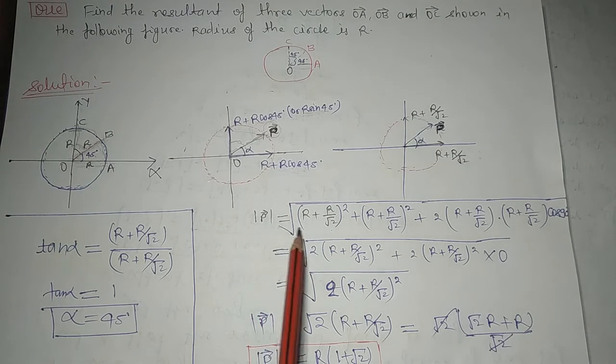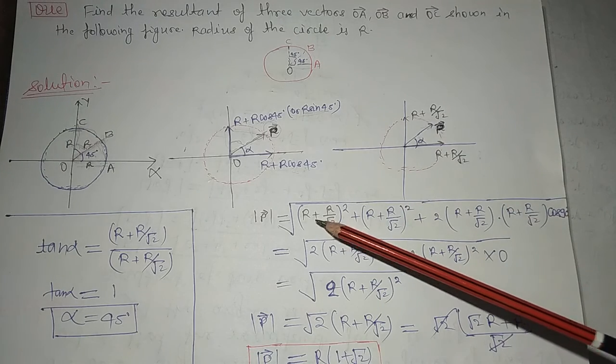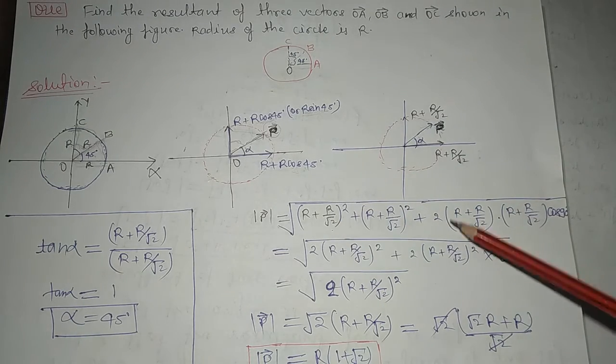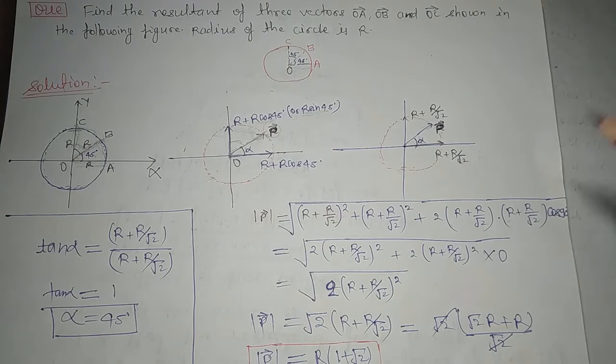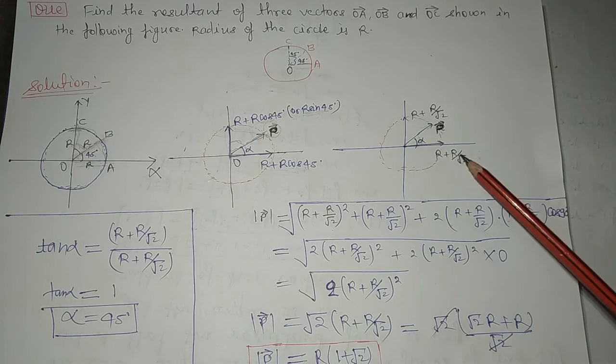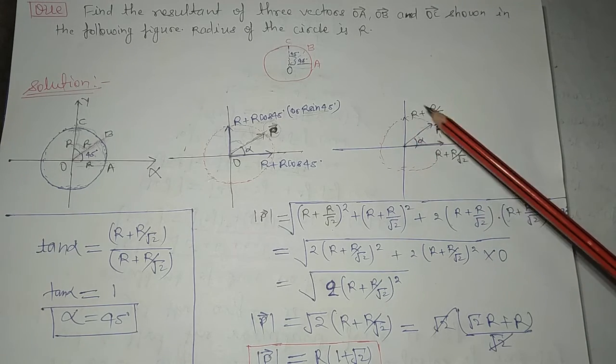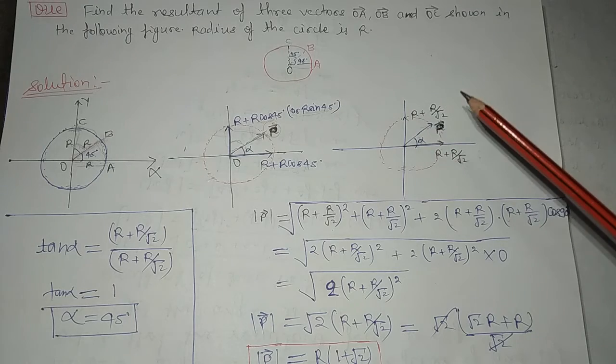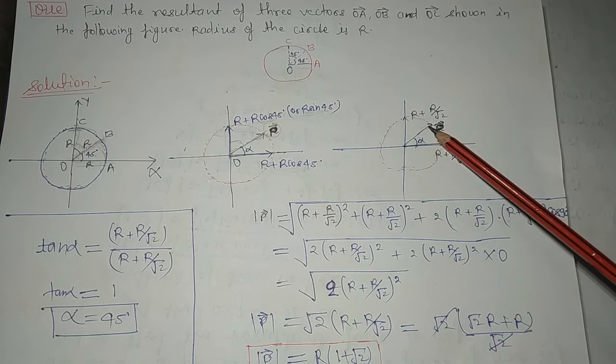Now we have to find the magnitude and direction alpha. So for the magnitude, we have the formula for the resultant of two vectors: square root of a square plus b square plus 2ab cos alpha. So here we have two vectors, that means r plus r by root 2 and r plus r by root 2, and we have to find the magnitude of the resultant of these two vectors, that means mod of p.